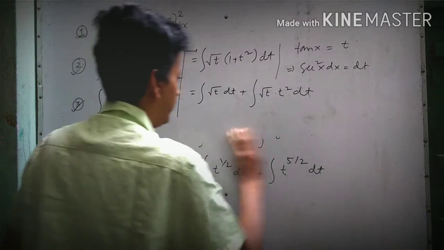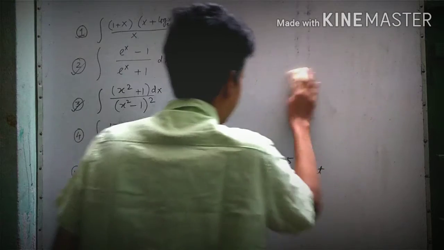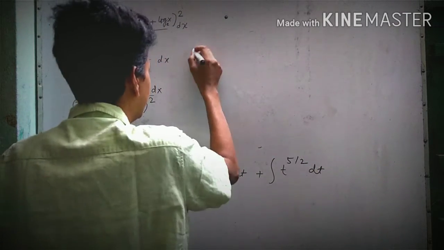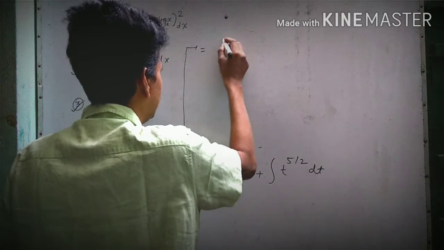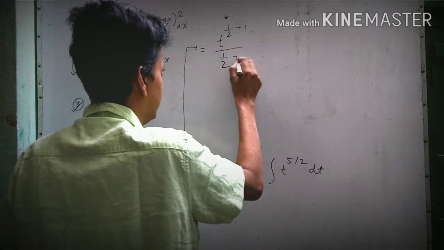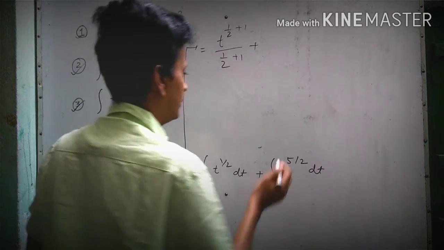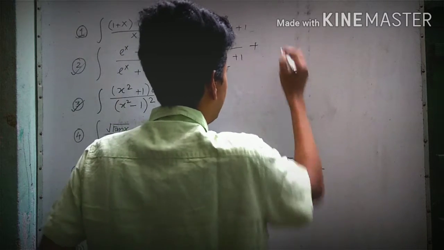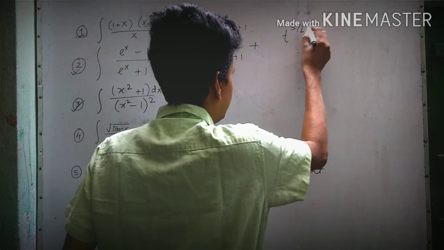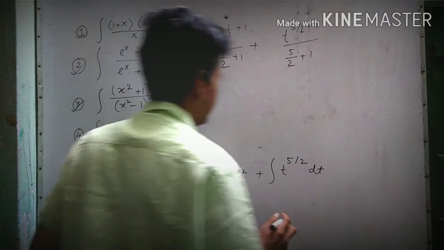Now you all know that integration of t to the power half is t to the power half plus 1 by half plus 1. So we get t to the power half plus 1 by half plus 1 plus integration of t to the power 5 by 2, that is t to the power 5 by 2 plus 1 by 5 by 2 plus 1.